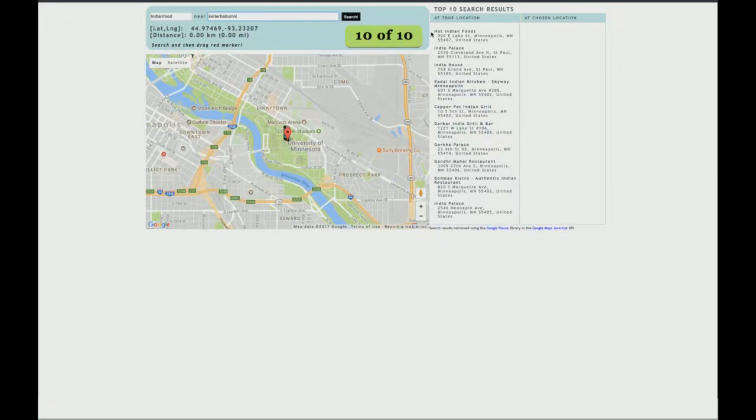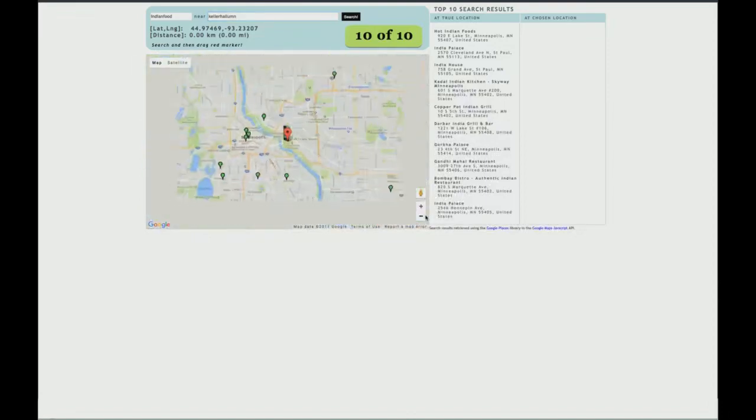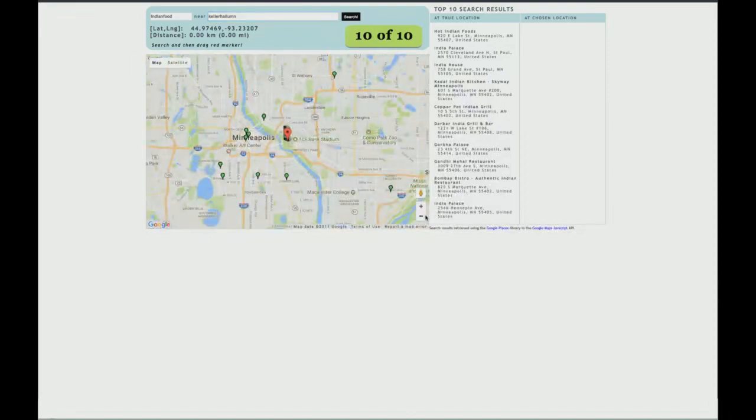Now, we can take a look at where those are located. So this is India House, which is ranked at number 3 according to the result set that was returned.